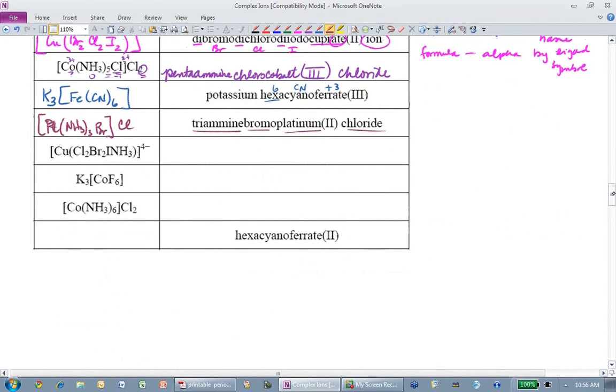And then, ooh, beastly. Okay, we have a chloro, a bromo, iodo, and an amine. How fun is that? All right, so we start with the amine because we go alpha by ligand name. So, and this is an ion, so I don't have a compound here.